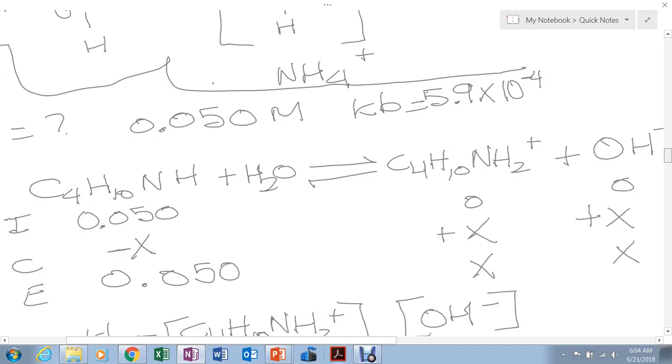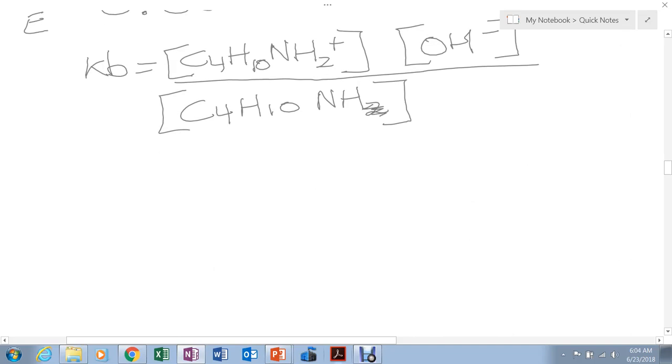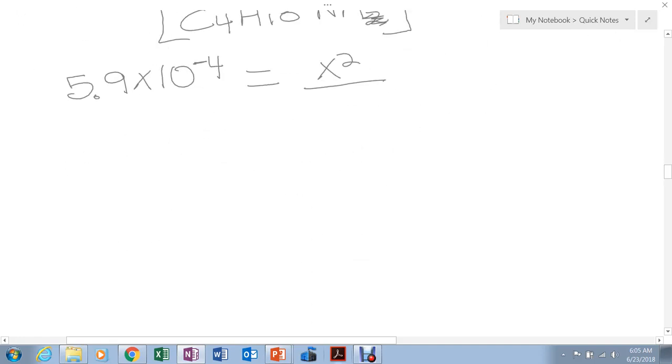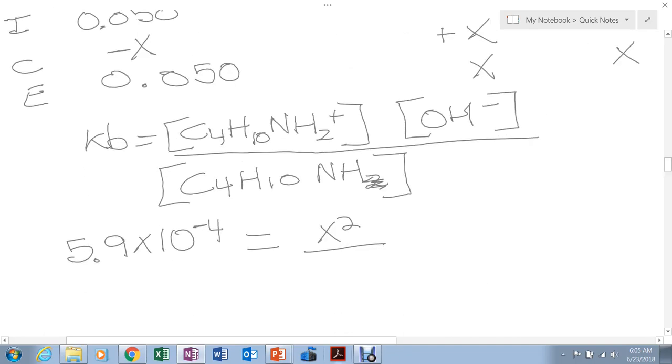So Kb would be 5.9 by 10 to the negative 4 equals x squared divided by, and this was 0.05, right? And again, I forgot that. I just saw that I made another mistake. Sorry, you probably noticed it already.